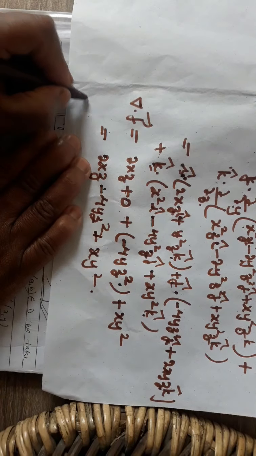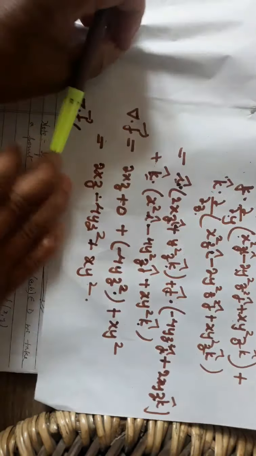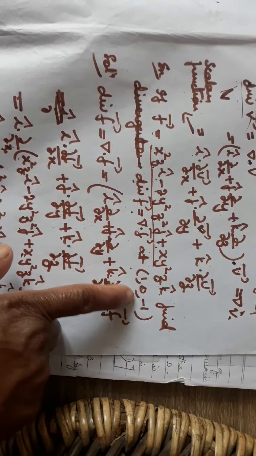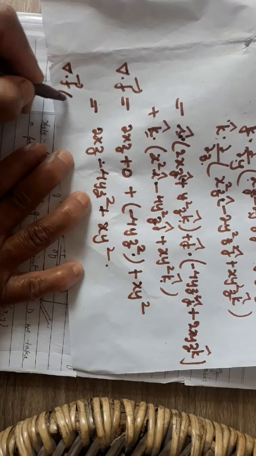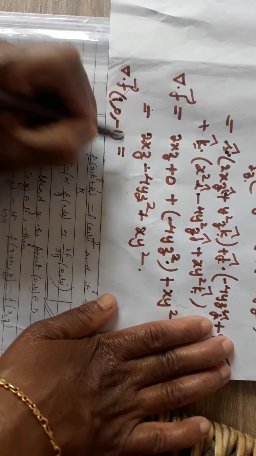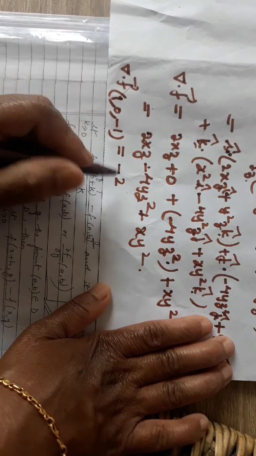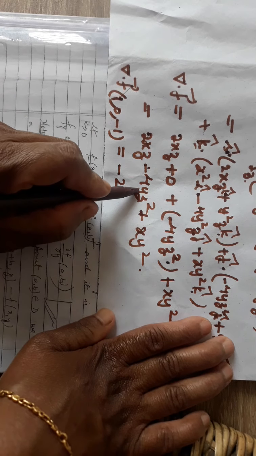Now del dot f bar at the point, what is the point according to the question? It is (1, 0, -1). You replace x by 1 and z by minus 1, so you get minus 2 here. If you replace y by 0, the remaining terms become 0.